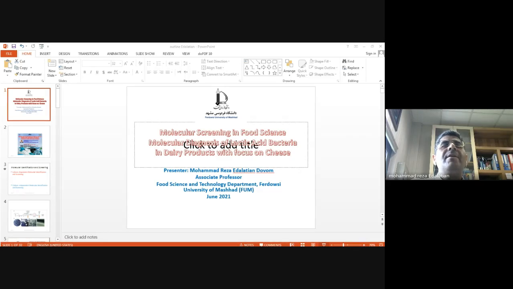In the first step, we isolate the total DNA from the food sample, like milk, cheese, and so on. As you can see here, we isolate the DNA from the food sample, not from the colonies. But in the previous method, the culture-dependent molecular technique, we isolate DNA from the colony, from the microorganism or bacteria.